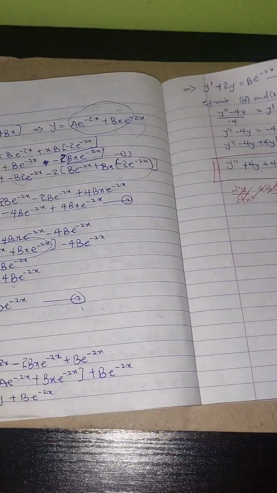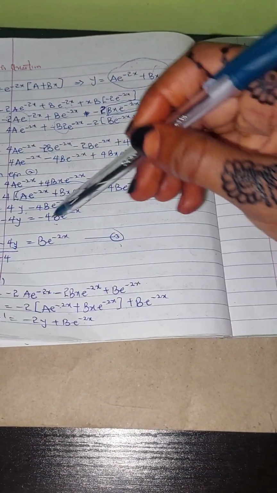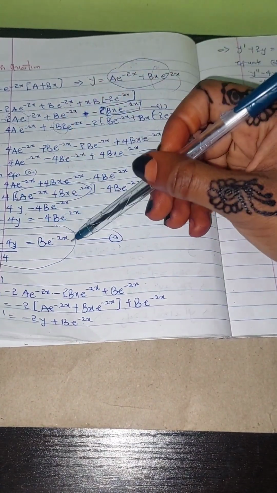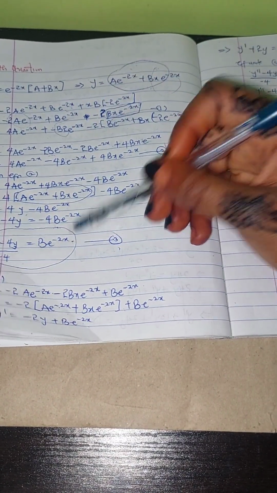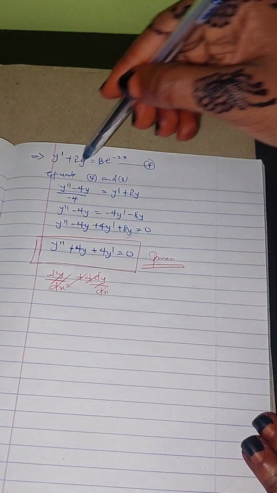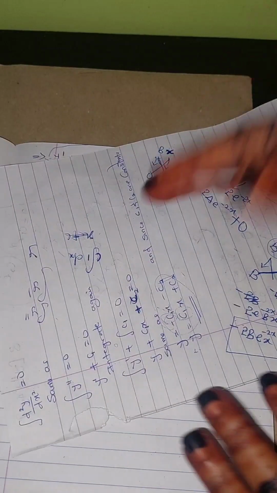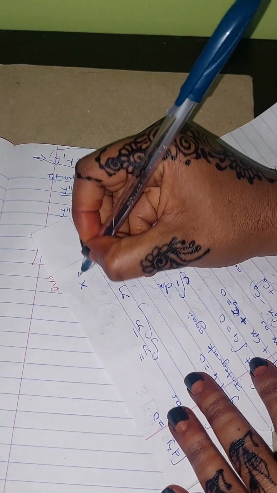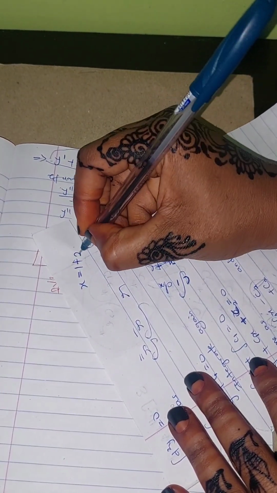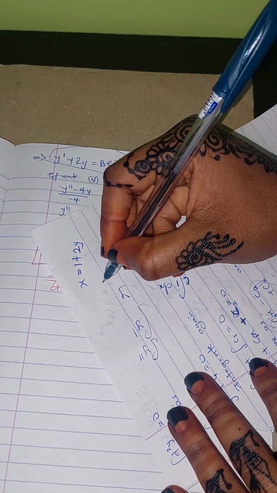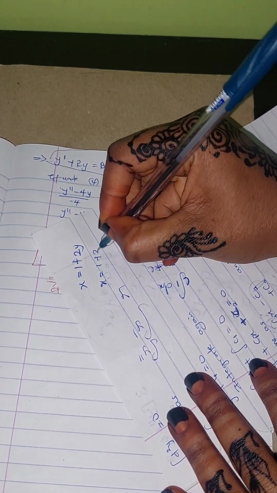Now look at this. We have this to be equal to be^(-2x). I also have this to be equal to be^(-2x). So it's the same thing as me saying, let's say I say x equals 1 plus 2y, and I have another x equals 1 plus 3y.